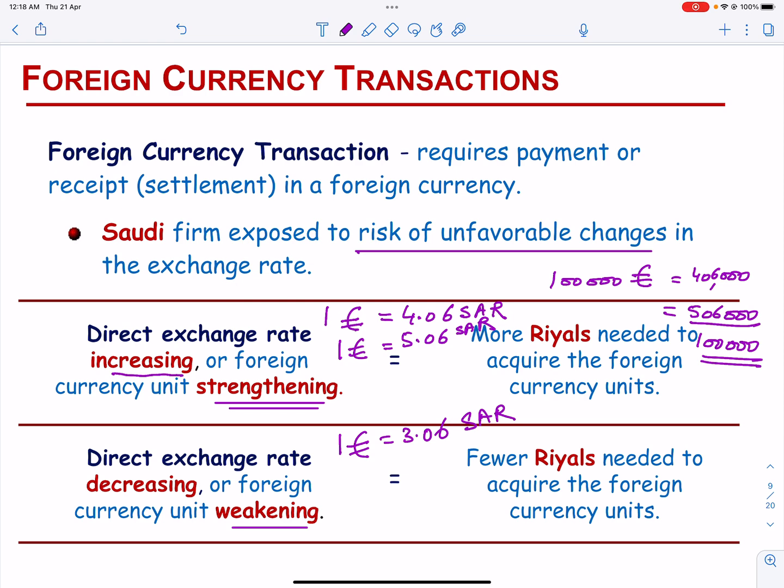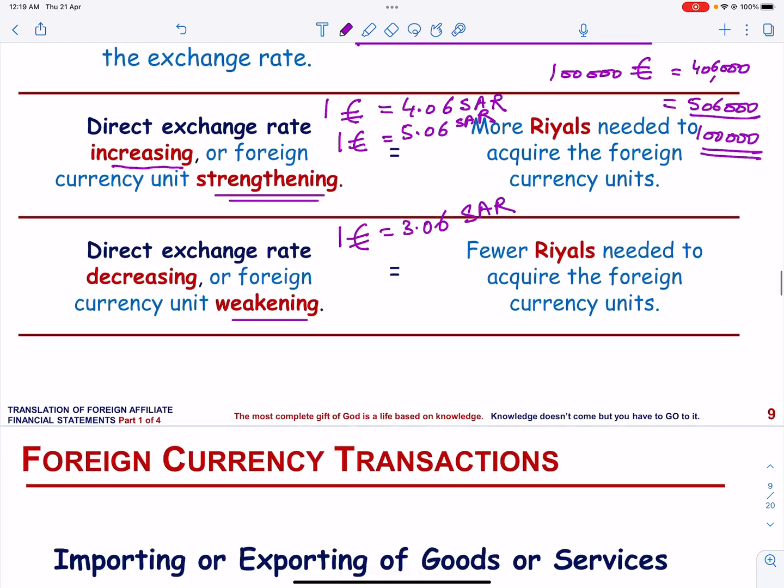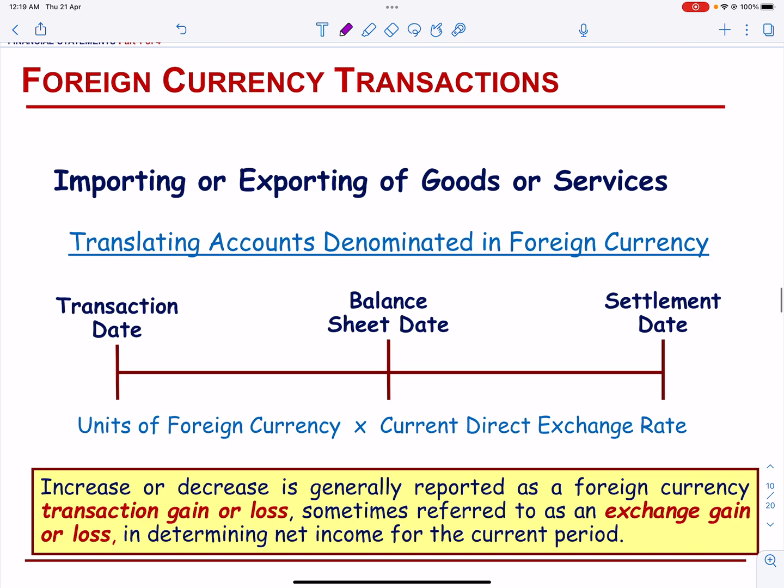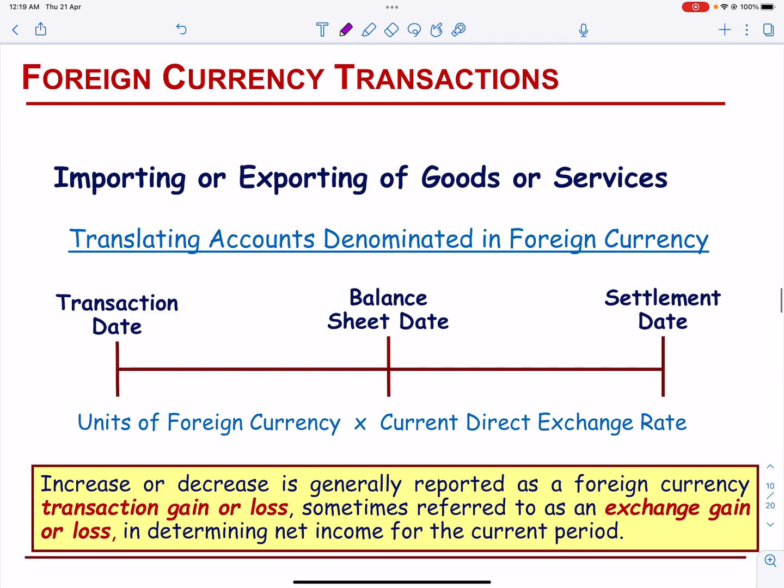Next, we will talk about the dates we need to know to translate an account that is denominated in foreign currency. There are 3 dates and sometimes there may be 2 dates also. So first, the transaction date, the date the transaction takes place.